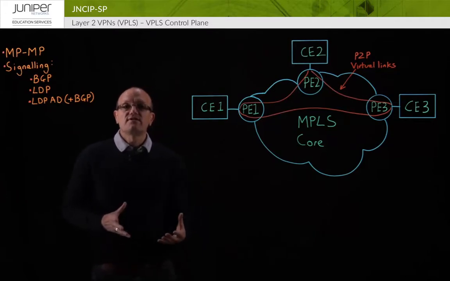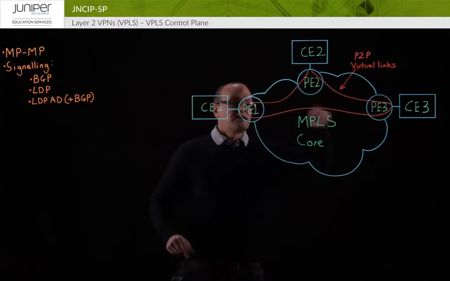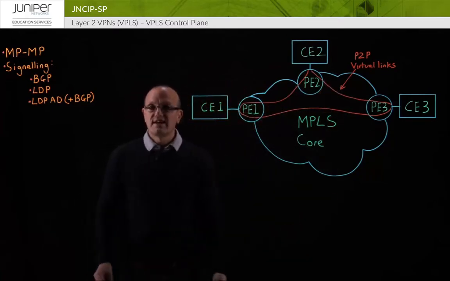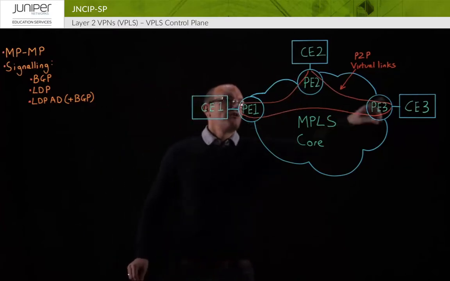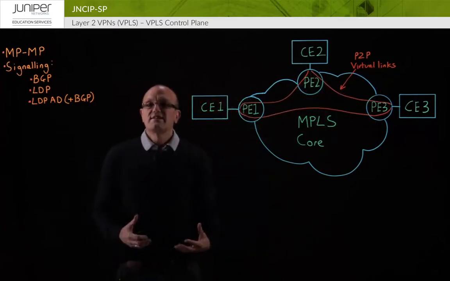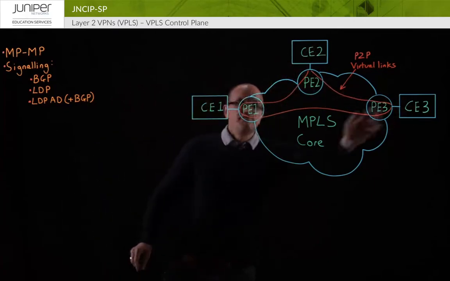It's just that we create a full mesh of virtual links between all of the connected sites. And with this full mesh of virtual links, we can then start to emulate a broadcast medium between those various sites.